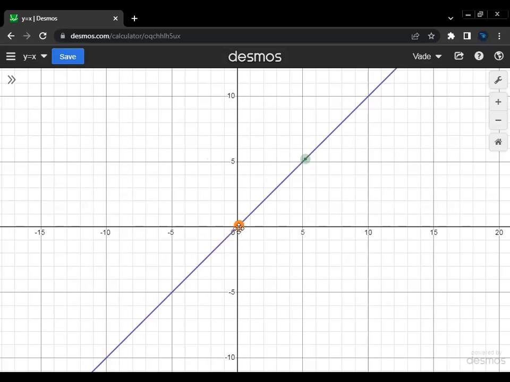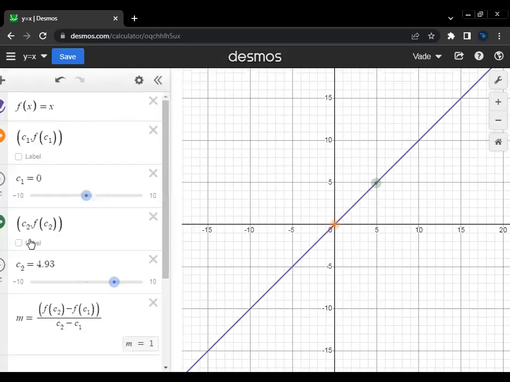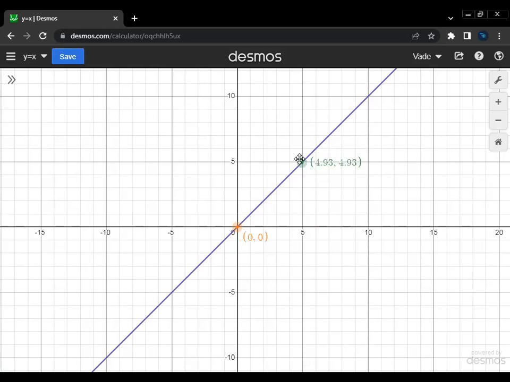The slope is basically the formula I already showed you earlier: y sub 2 minus y sub 1 all over x sub 2 minus x sub 1. Let me show you the coordinates. Say the green point has the coordinates 5, 5, and the yellow point has the coordinates 1, 1. I want you to find the slope.